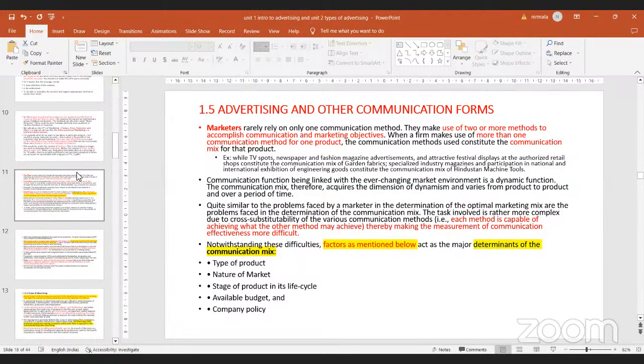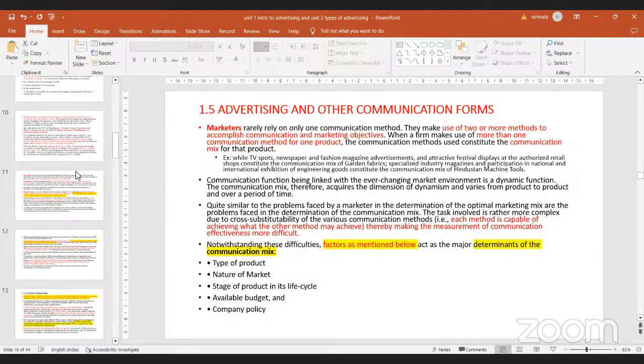So, in the previous class, we discussed the various functions of advertising, what advertising is meant for, how an advertisement communicates information to consumers, why there is a need for advertisement, and whether advertisement alone can bring customers to buy products and services.